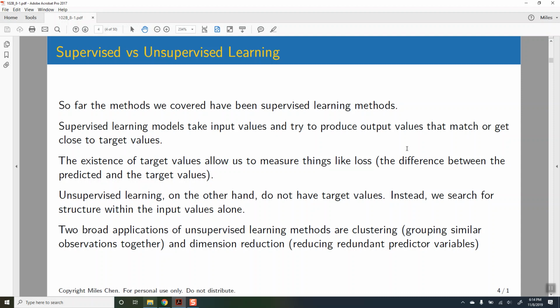So one of these ideas is clustering. Can you identify clusters inside the data? That's going to try to group similar observations together. And then another is dimension reduction, where you have a bunch of variables and you want to reduce it to a few, or something along those lines.